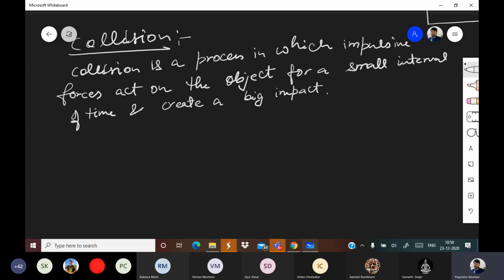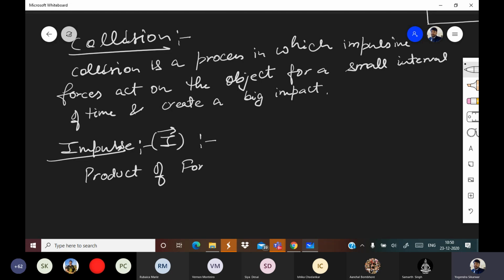All right. So before we talk about details of collision, let us talk about impulse. It's basically a vector quantity. Product of force and time gives impulse.